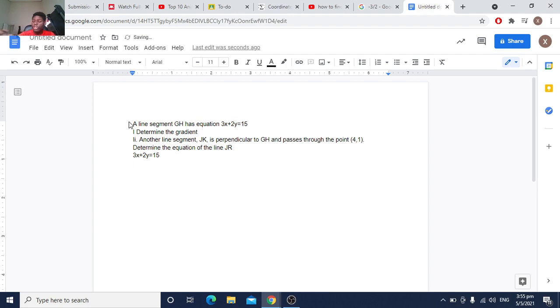And as you guys know, to find the gradient, the equation is always y equals mx plus c, where m is the gradient. I'm going to bold this. Some people have the c as b. It really doesn't matter what you put it as.